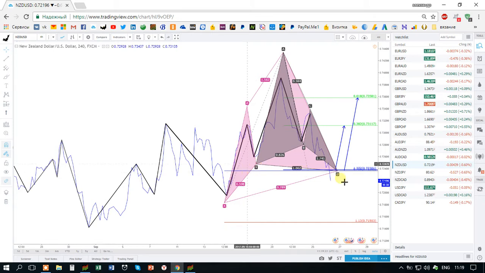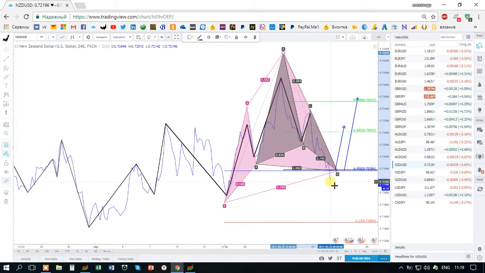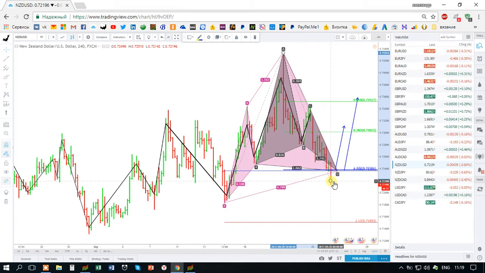Boom. And the cipher pattern that completed at the same level. This is the confluence of patterns, and I'm looking for price to go like this. Need the target adjustment because it went a bit deeper. So from highest high to lowest low, it becomes a bit lower.